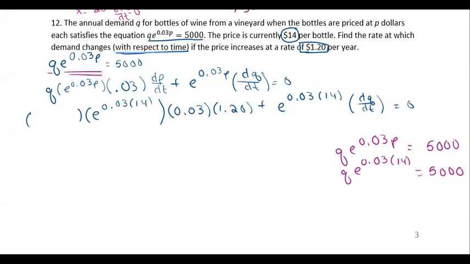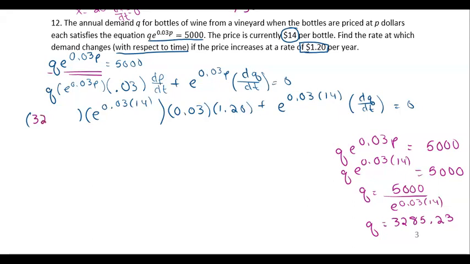We can substitute in our 14 for P, which means to figure out Q we would be looking at 5,000 divided by e to the 0.03 times 14. If you type that into your calculator, it should be about 3,285.23. So that's our Q. That is the quantity that we're selling, the demand for the bottles of wine when priced at $14.